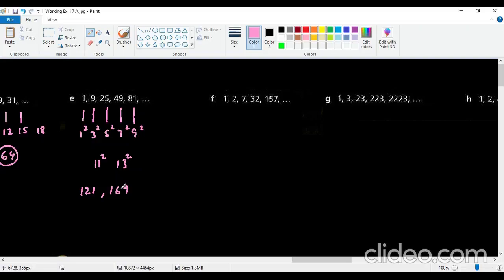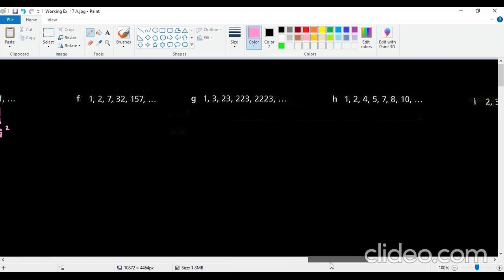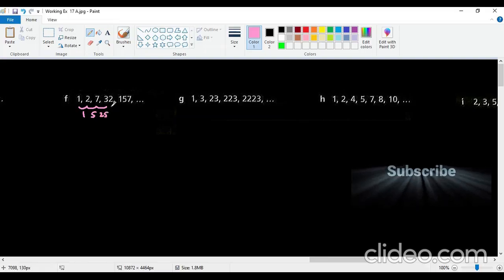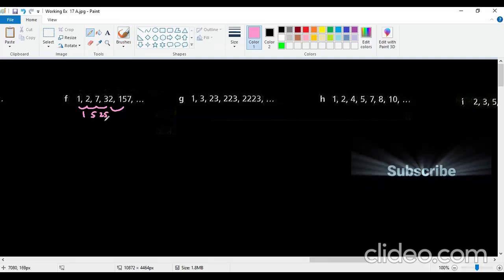Now, in question number F, it says you have 1, 2, 7, 32, and 157. So how are you getting this difference? First of all, you look at this one. Here the differences are 1, 5, 25, and then 125.